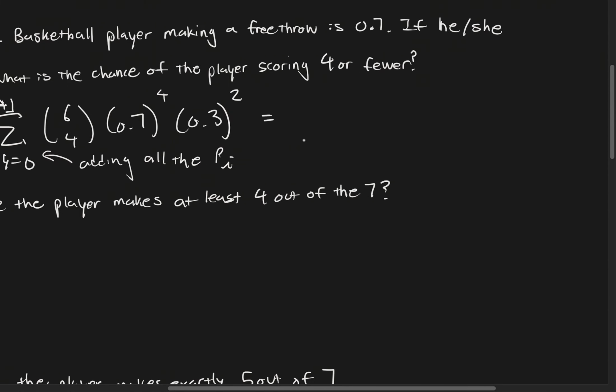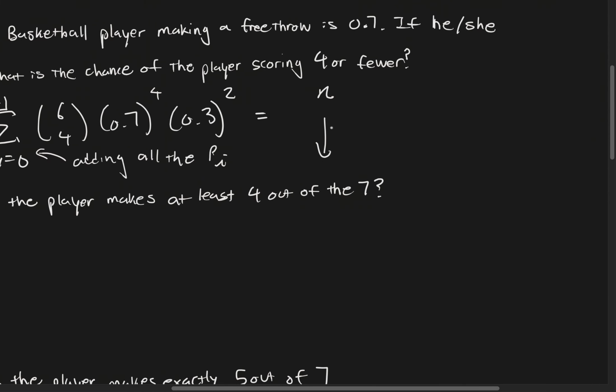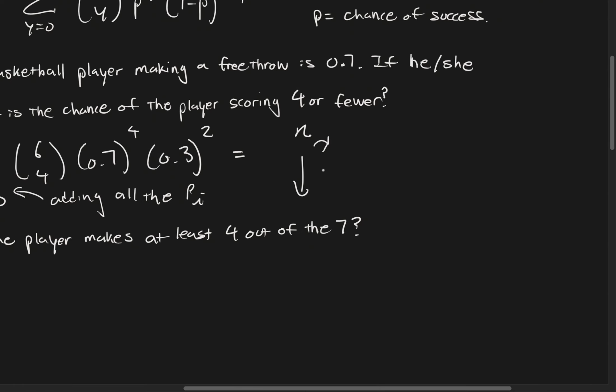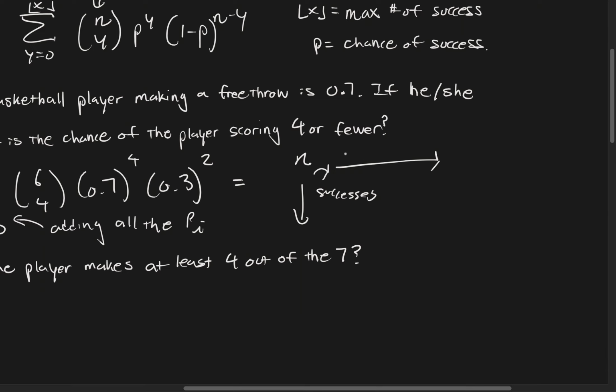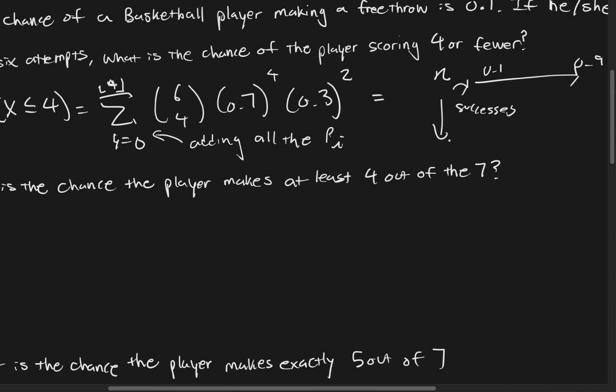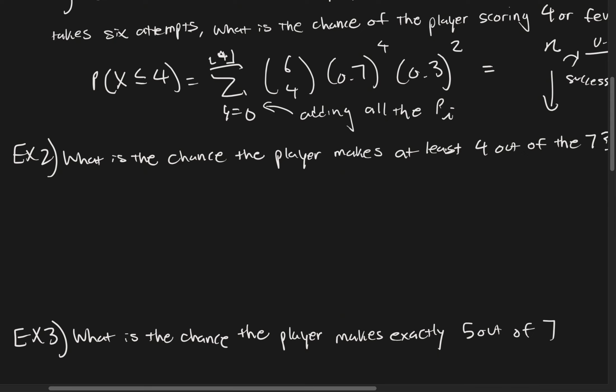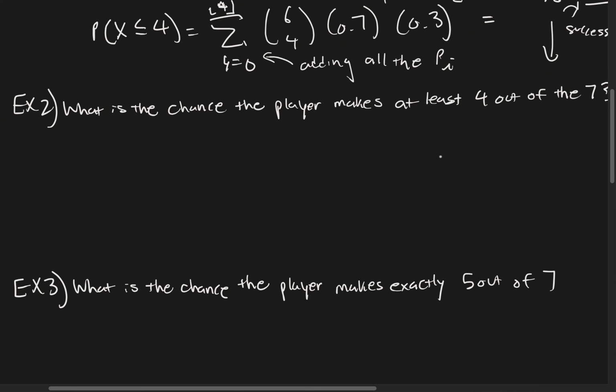If it says 4 or fewer, usually there will be the number of trials, and right next to it, the number of successes. And for the horizontal, it's given by the probability, like 0.1 and then 0.9 over here. It should be fairly straightforward as long as you know what the variables stand for. So I'm not going to go explicitly over how you can find a probability; anyone can figure it out for themselves.